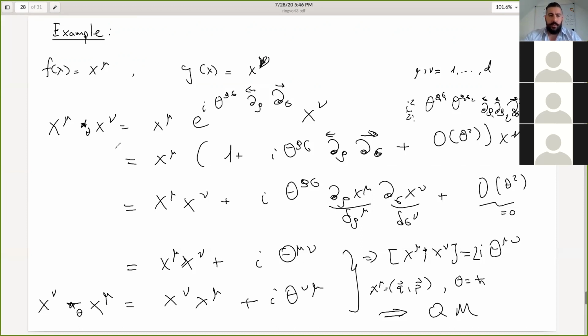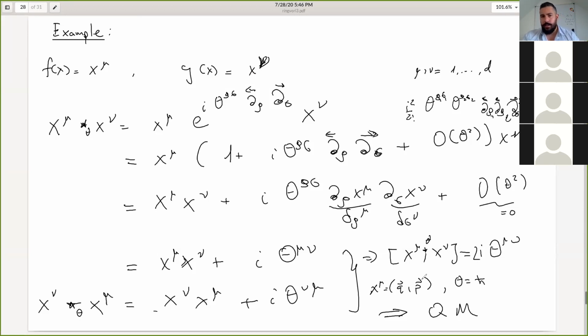And then I have x mu star x nu is equal to x mu x nu plus i theta mu nu. I do the same thing the other way around, so nu mu. Then I get x nu x mu plus i theta nu mu. If I take the commutator of these two, I get x mu star x nu minus x nu star x mu is equal to 2i theta mu nu.